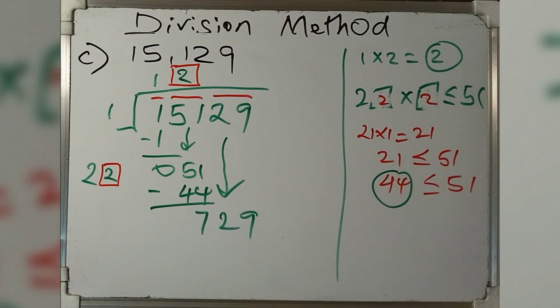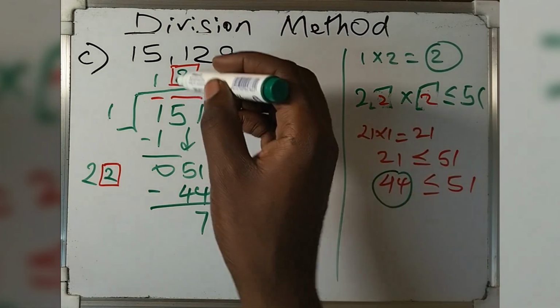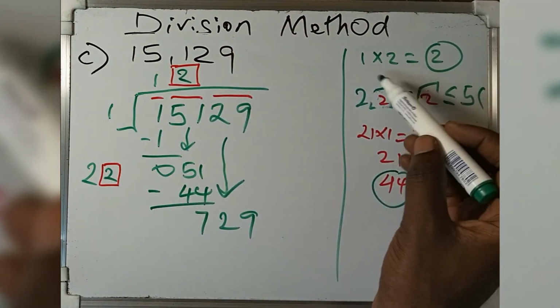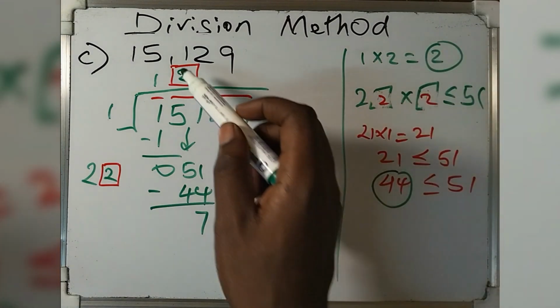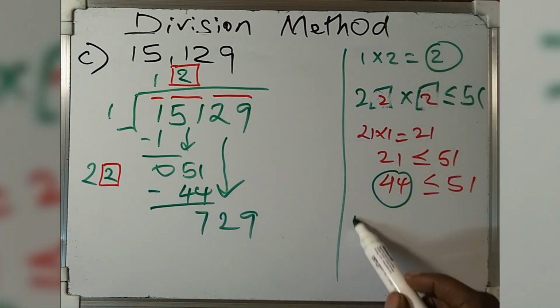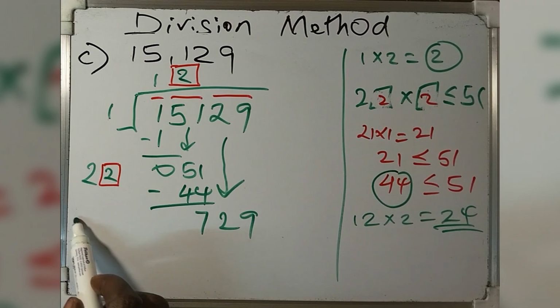We'll repeat the same process, but now we are going to double the current quotient. Remember, we doubled 1 and we got 2. Now we are going to double 12. 12 times 2 is 24. Now we'll bring that 24 here.